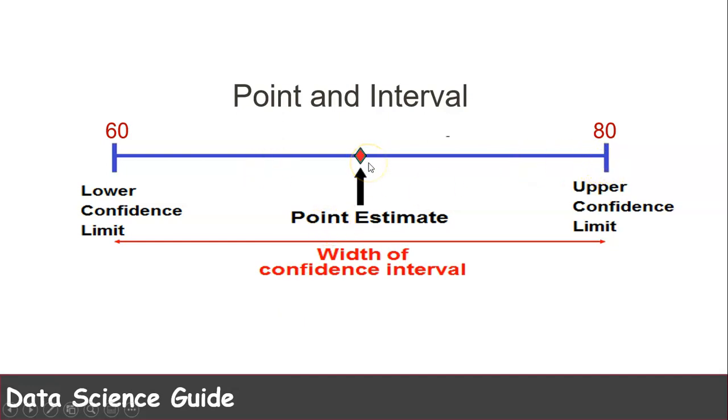For example, we say the average height in that community is something between 40 to 100. So this is a very wide range, and that doesn't make any sense, and it is useless. So this kind of estimate is biased. It doesn't provide us with a useful idea about the community.